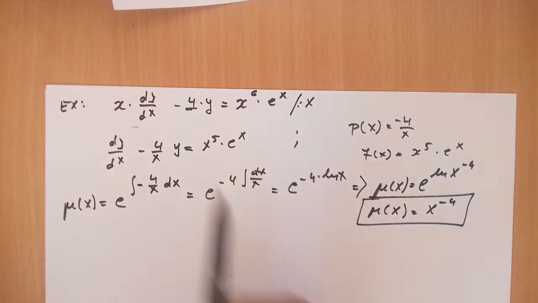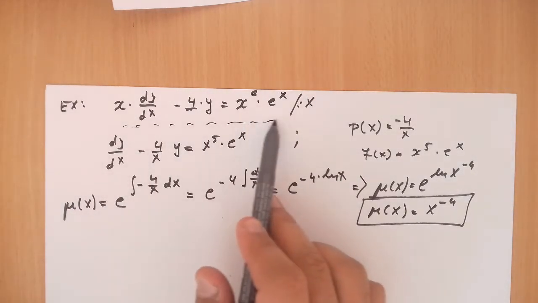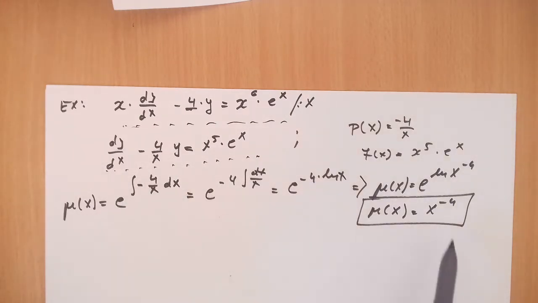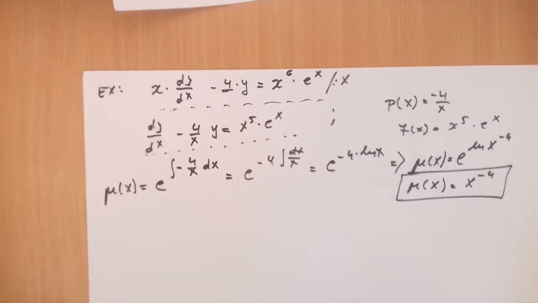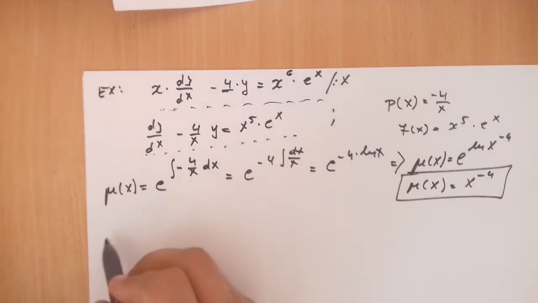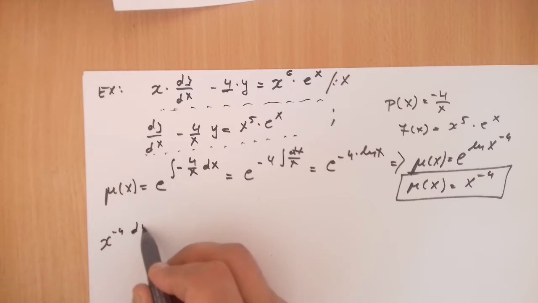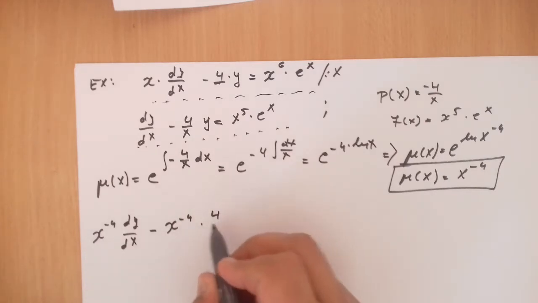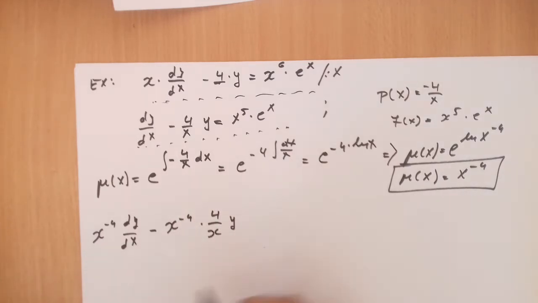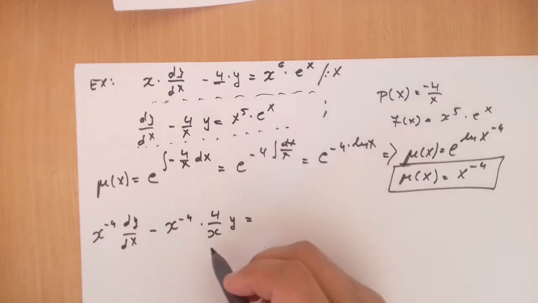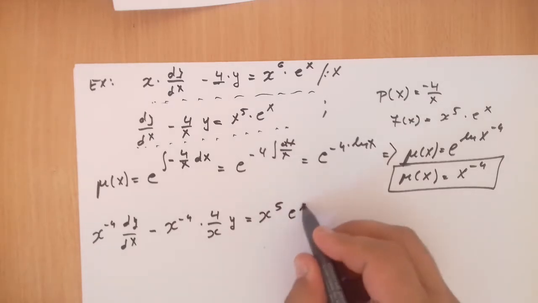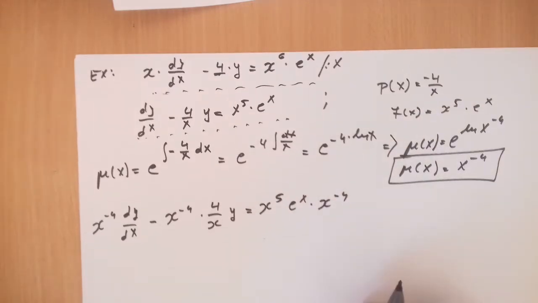So we multiply this whole equation by this function. We find x to the minus 4 dy by dx minus x to the minus 4 times 4 divided by x times y, which is equal to x to the 5th power e to the x times x to the minus 4th.